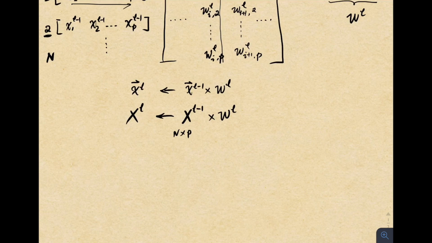In this notion, we can view the computation of a neural network in a very concise way. Let the input data be x of the zeroth layer. That is the raw data without any processing. It is multiplied by W1. Remember, 1 means the transition from the zeroth to the first layer.